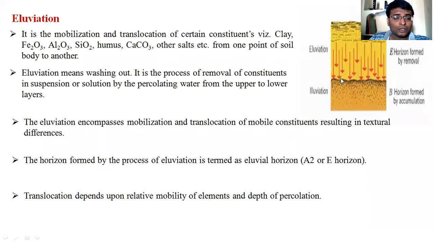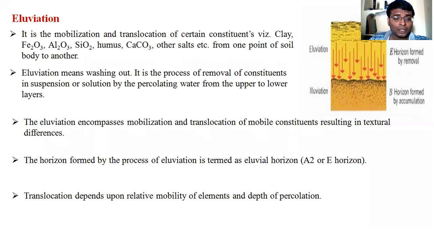Mostly this eluviation layer is also called the washout layer, because most of the constituents will be removed from this layer and translocated to the layer beneath through percolation of water. This eluviation process comprises mostly mobilization and translocation of mobile constituents, which leads to textural contrast between the lower and upper layers.